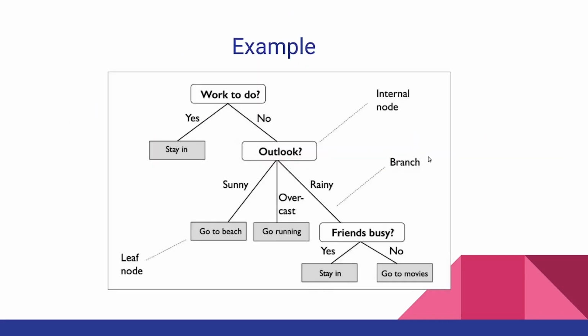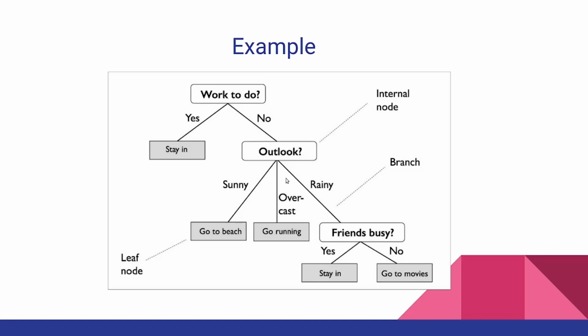So here we have a decision tree. Say we're bored on a given day and we don't know what to do, then we can use this decision tree algorithm to have a step-by-step guide of what we can do. If we don't have any work to do, the answer is no, then we look at the weather.